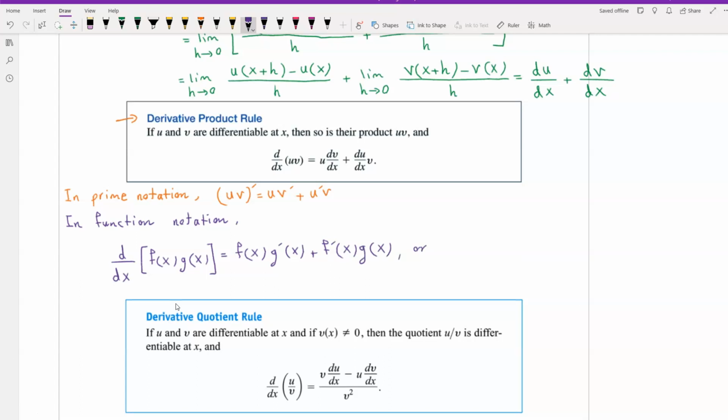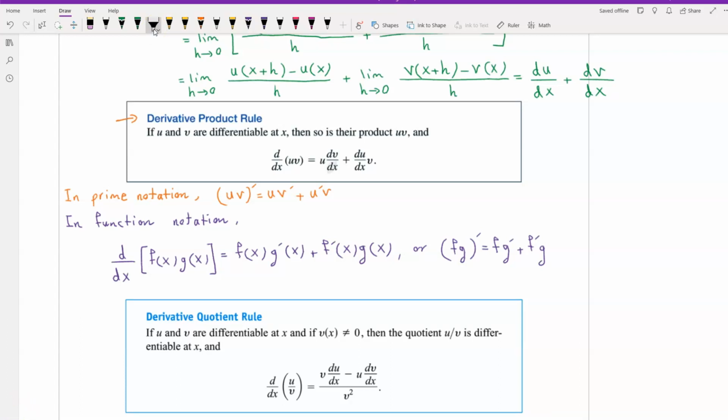Or we can write f times g prime, or f times derivative of g, plus derivative of f, or f prime times g.